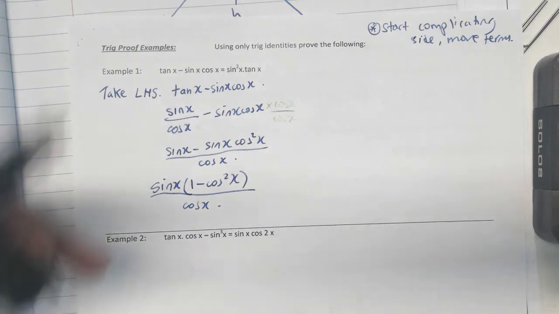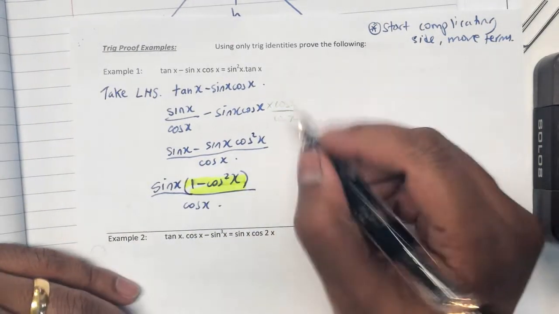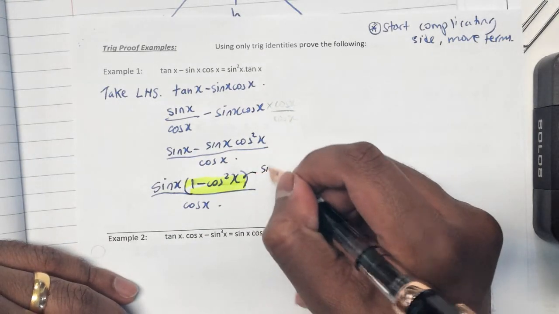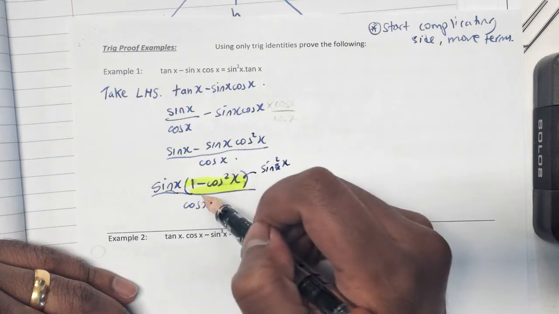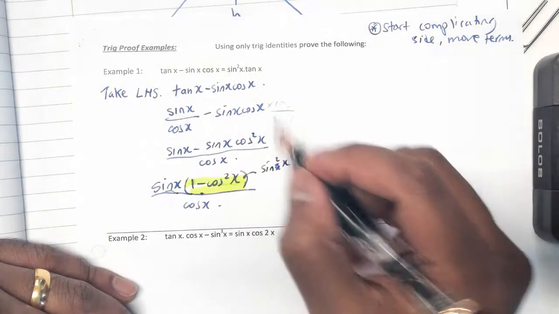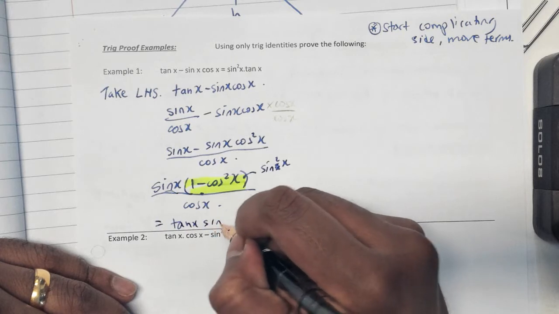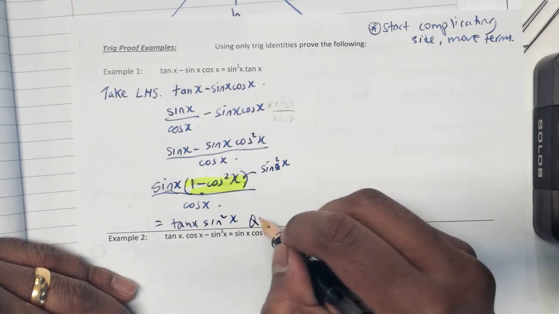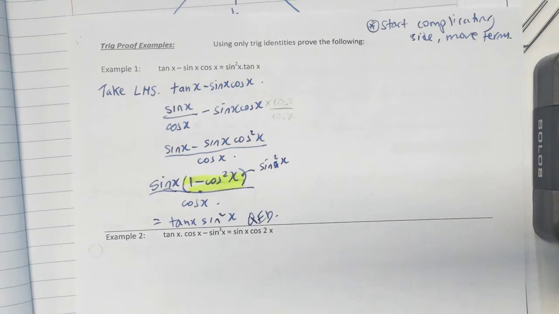So now this can be sine squared x, and sine x over cos x is tan x. Cool.